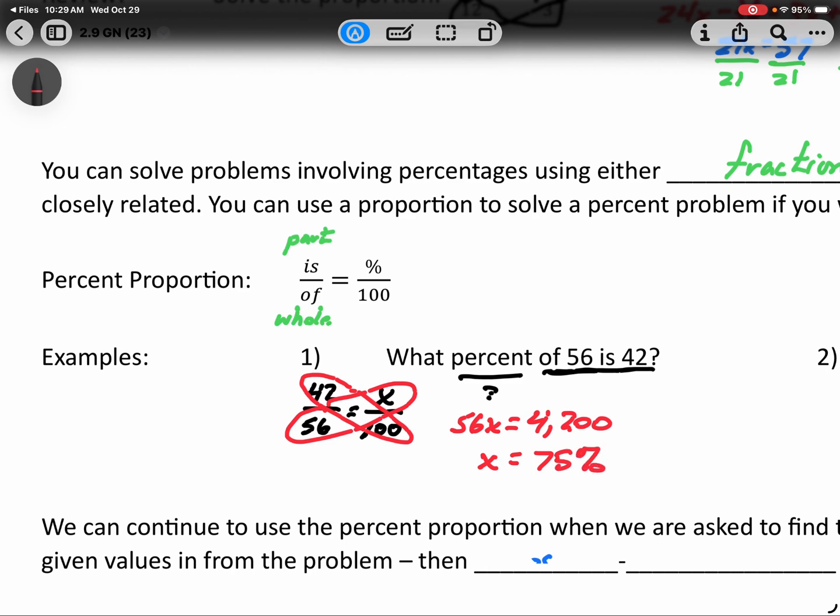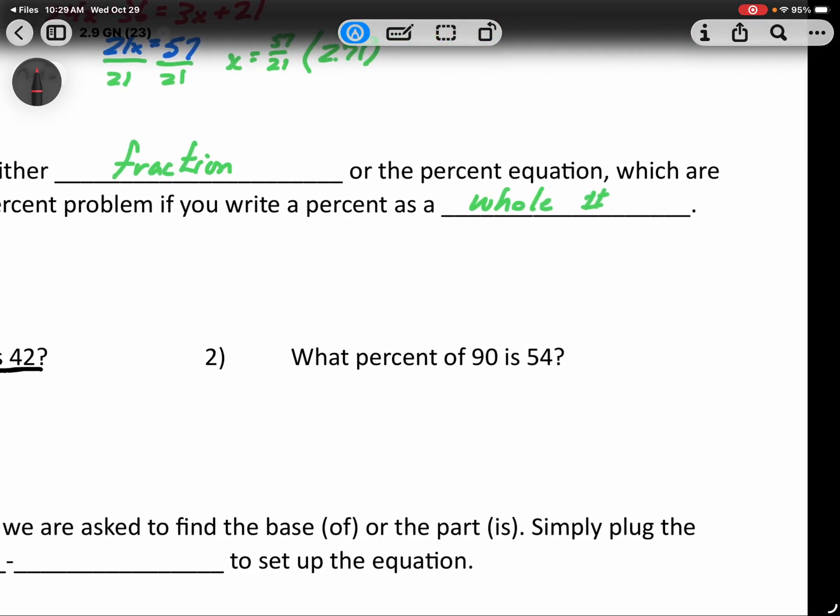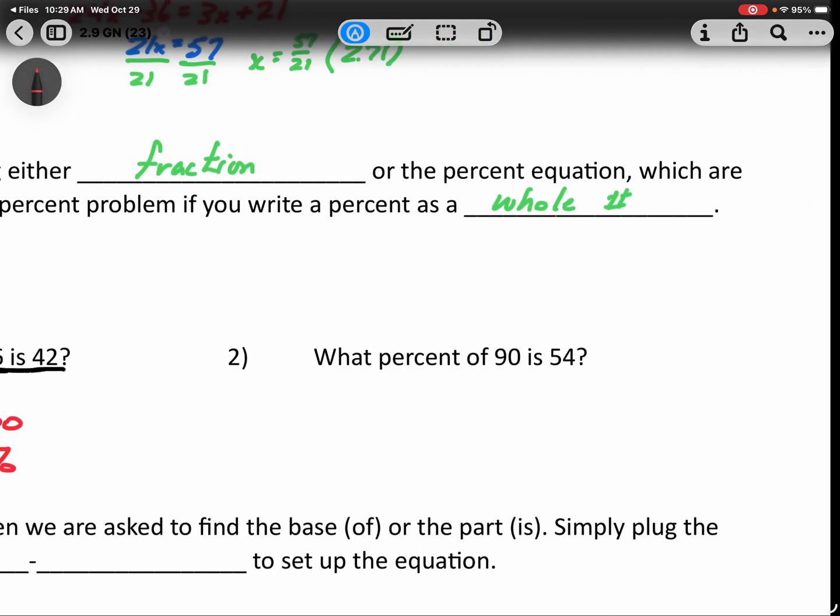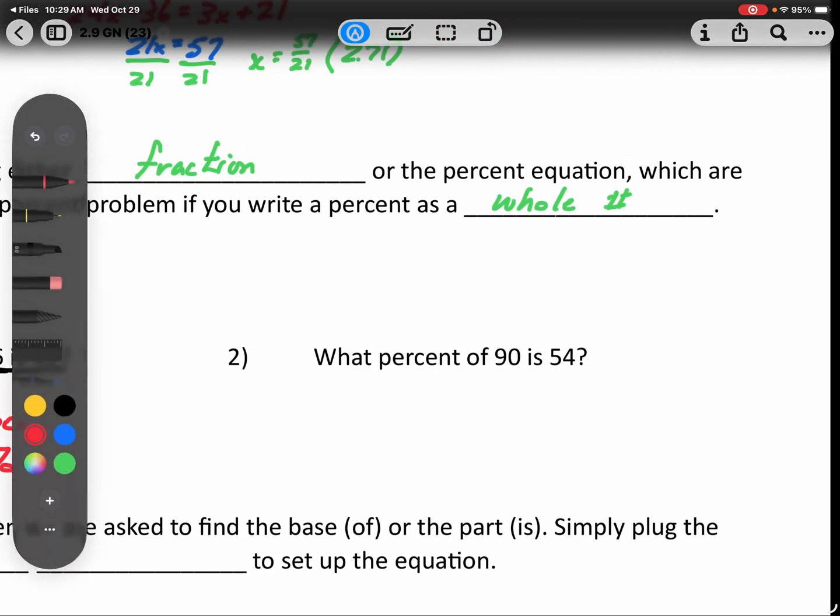Looks pretty straightforward. Example 2 follows that same line of thinking. So again, here's my unknown, what percent of 90 is 54? Another good point, my 54 is my is, my 90 is my of, and just like before, I set that equal to x over 100.